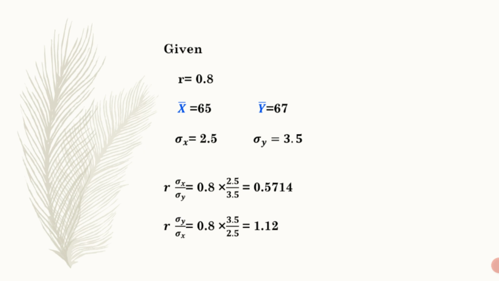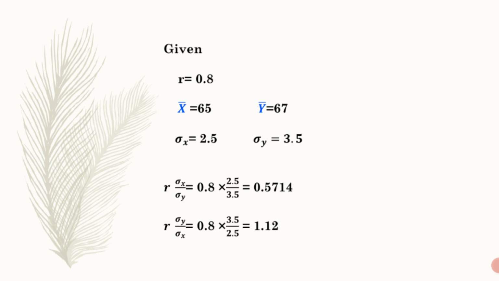In our problem, the given values are r equal to 0.8, the correlation coefficient, x bar is 65, the mean value of x, and y bar is 67, the mean value of y.